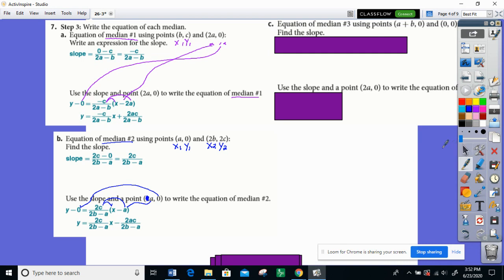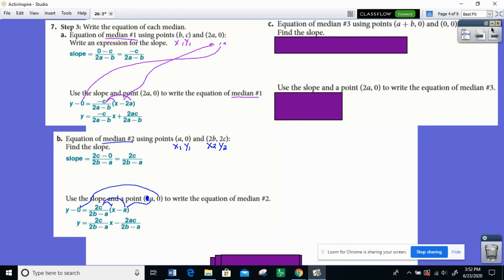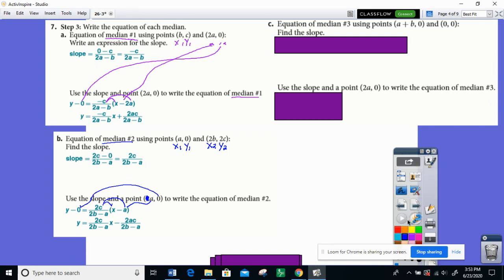All right. Lastly, we're going to use the point a plus b, comma 0, and 0, 0 to find the equation of median number 3. So we're going to put that one in red.